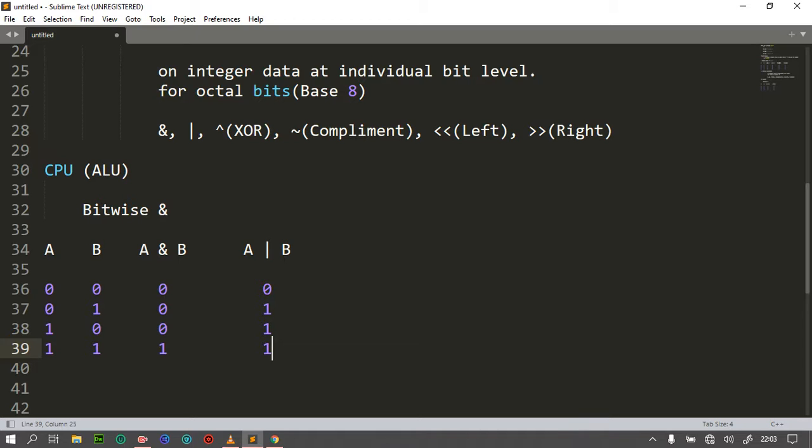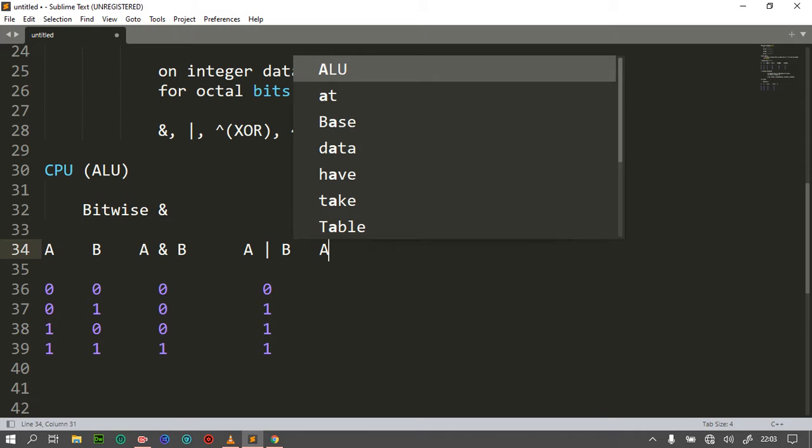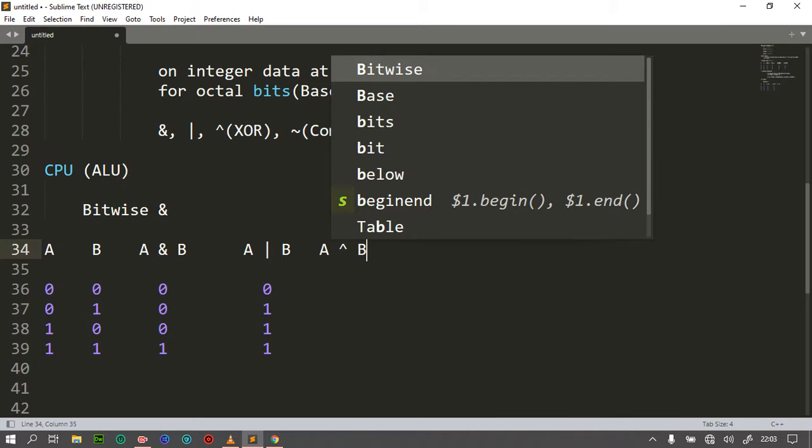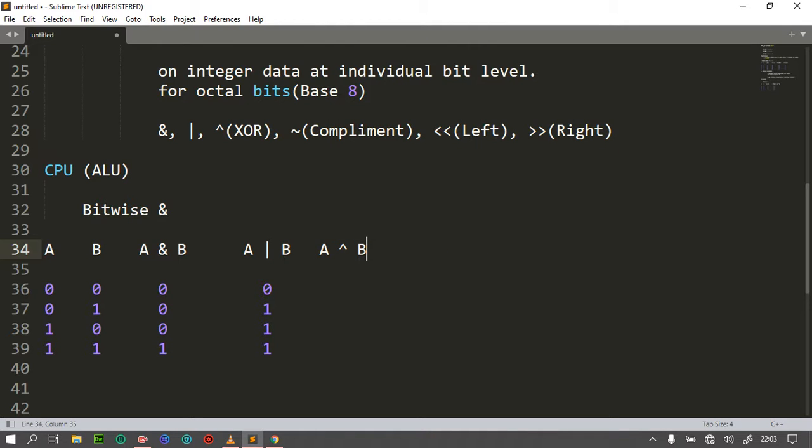Then we have what we call exclusive OR. I'll have A exclusive OR B. Here someone should not get confused.